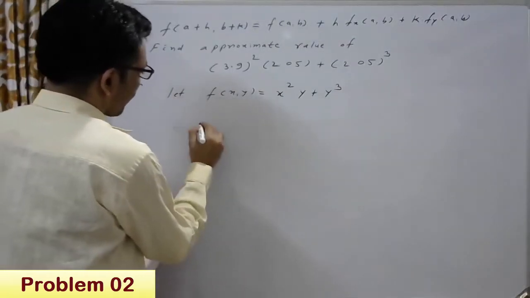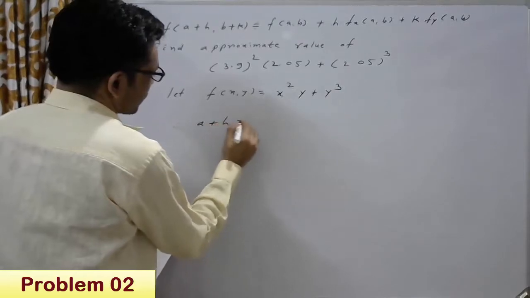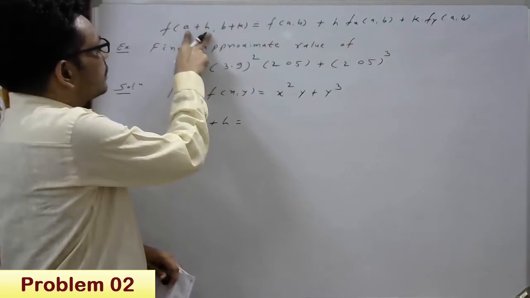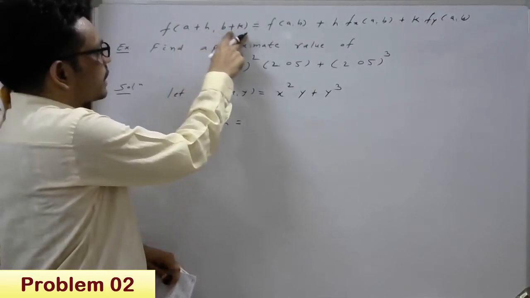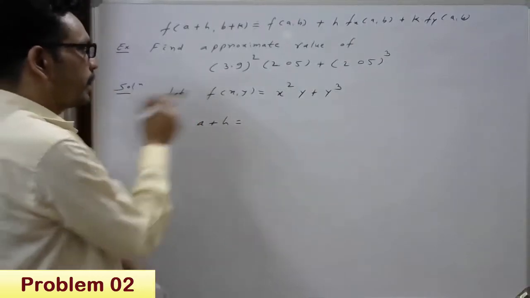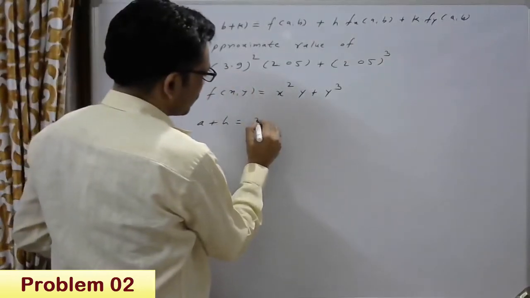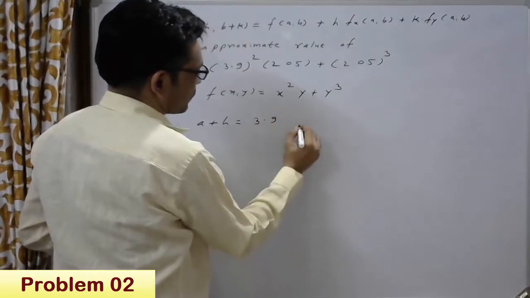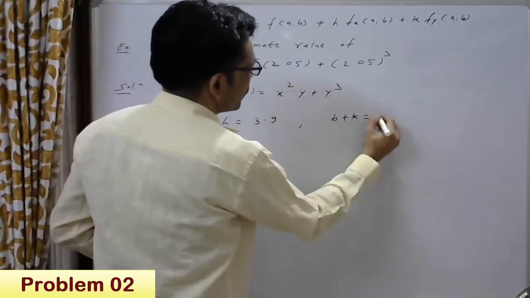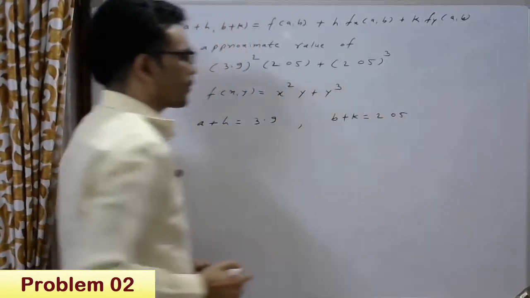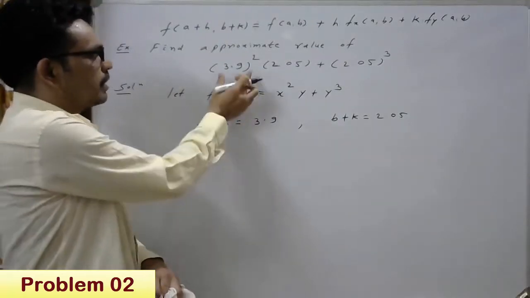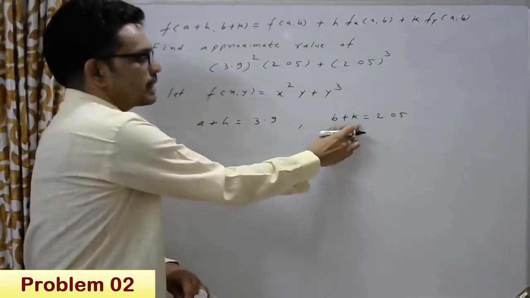Therefore, (a+h, b+k). Here we take a+h equal to 3.9 and b+k equal to 2.05.